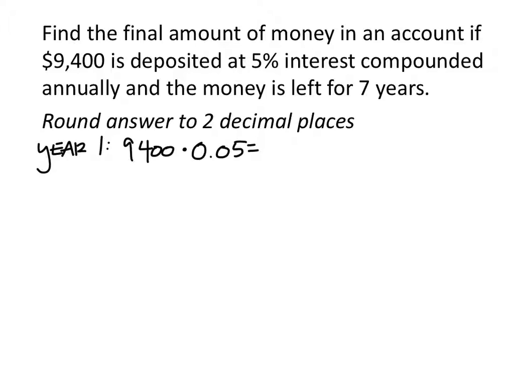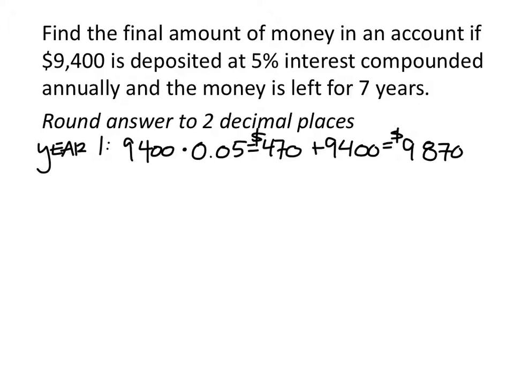And when I solve this, it's going to tell me how much I made in interest for that 1 year. $470. So after 1 year, you made $470, but you have that additional principal that you put in, the $9,400. So after 1 year, with interest, you have $9,870. That's a very nice sum.